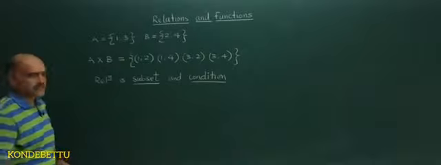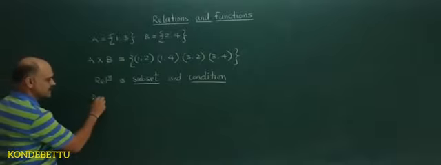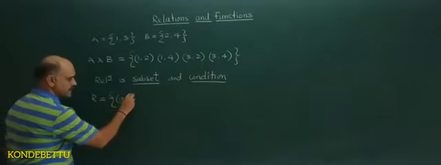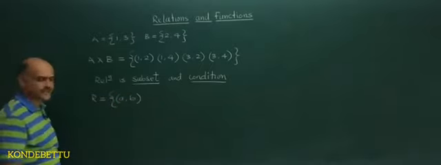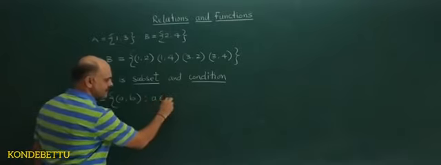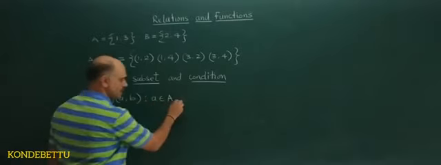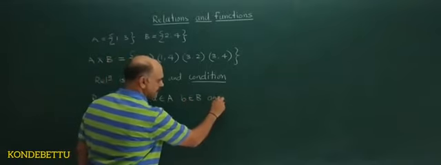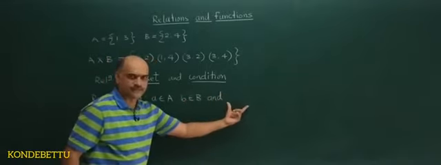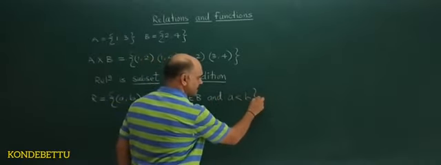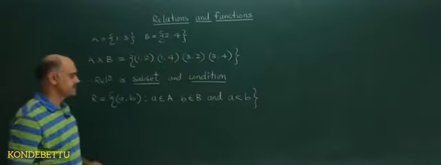For example, I will take R is equal to {(a, b)}, where a belongs to set A, b belongs to set B, and the condition will be a less than b.